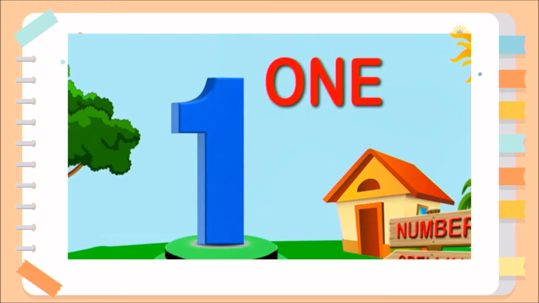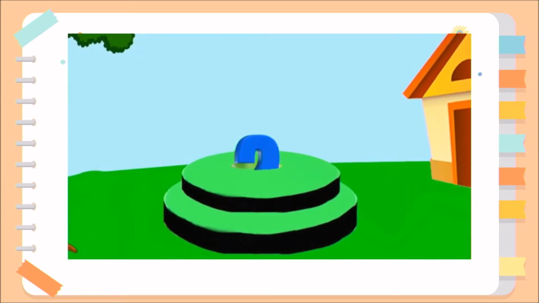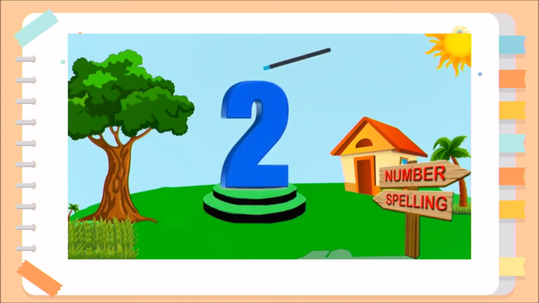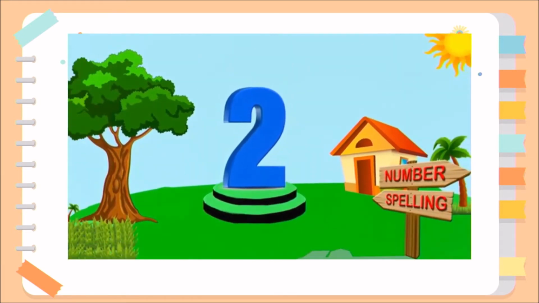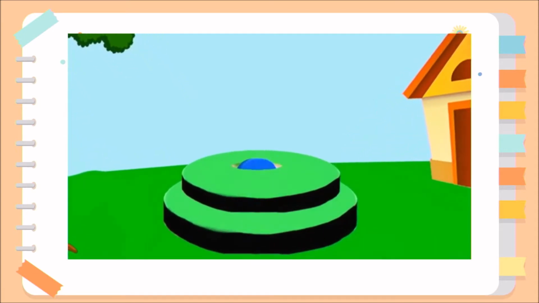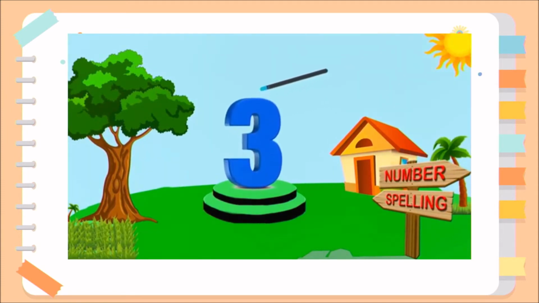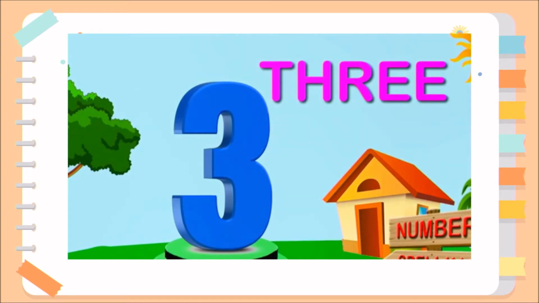Learn numbers with English word spelling. Now let's start. One, O-N-E, one. Two, T-W-O, two. Three, T-H-R-E-E, three.